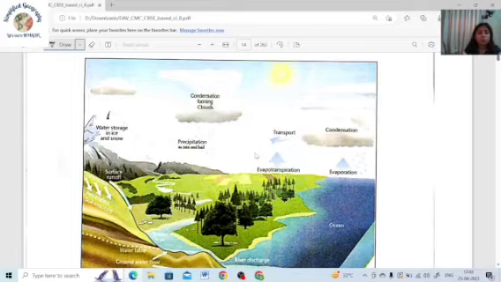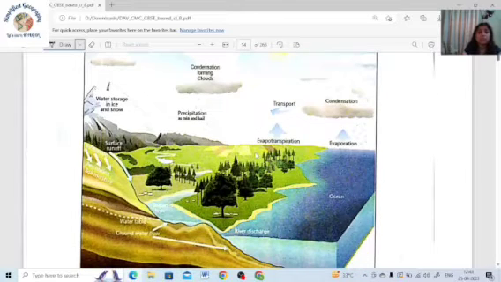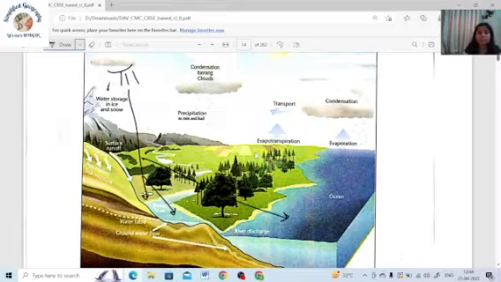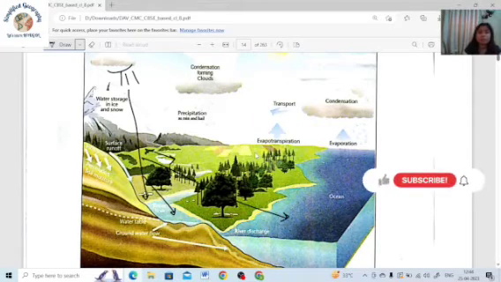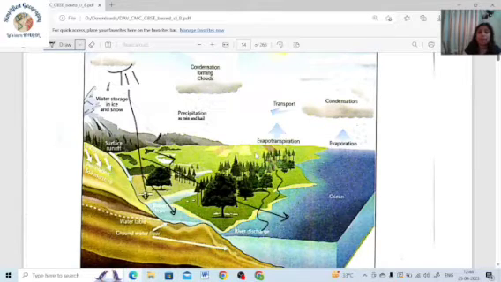So let us come to the diagram first. So here is surface water. Due to the sun, rays come and heat up the surface water. Maybe it is river water, ocean water or lake water. It heats up, and then it forms vapor and it tries to move to the upper atmosphere. Then it forms cloud. And what is cloud?